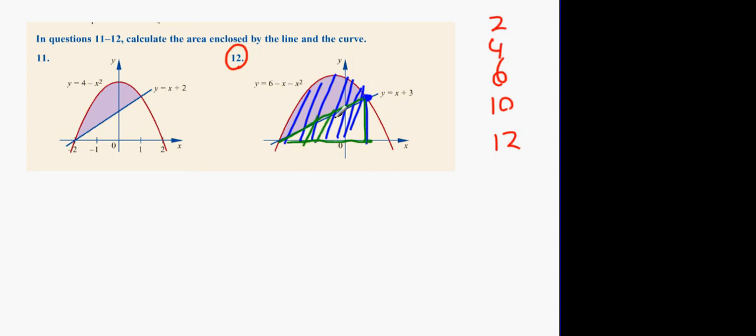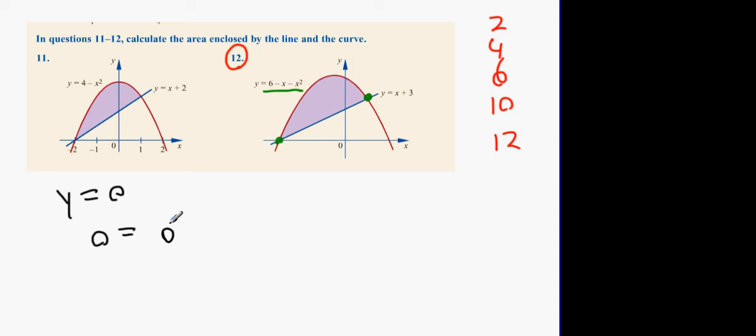So I'm going to get the area of the curve as if the line doesn't exist, then take away that triangle. Now we can do this two separate ways. We have to figure out where this curve hits the x-axis. When it hits the x-axis, y equals 0. This leaves 0 equals 6 minus x squared. Bring it over to one side.